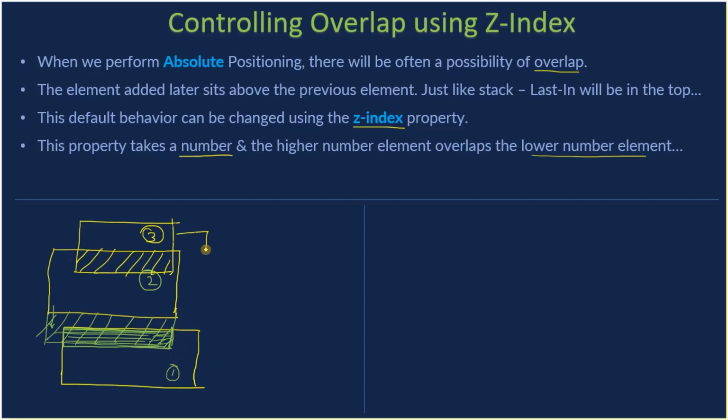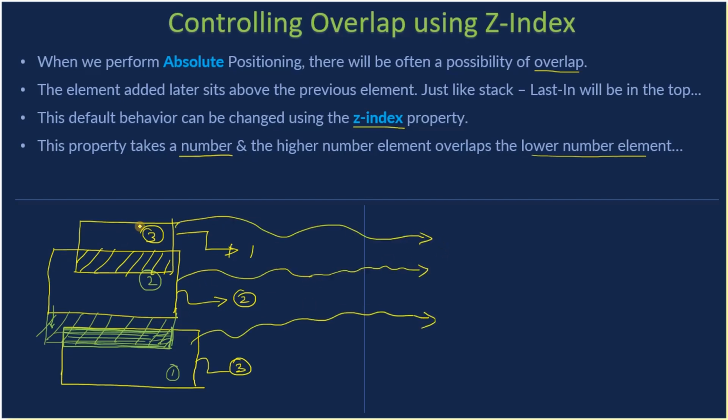Say for example, if you have z-index for this one as 1 and this one as 2 and this as 3, then since this is the higher number element, it will stay on top of the lower number element.